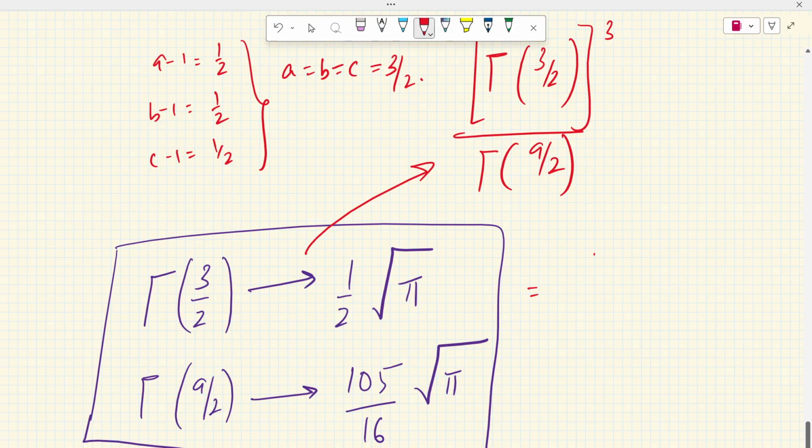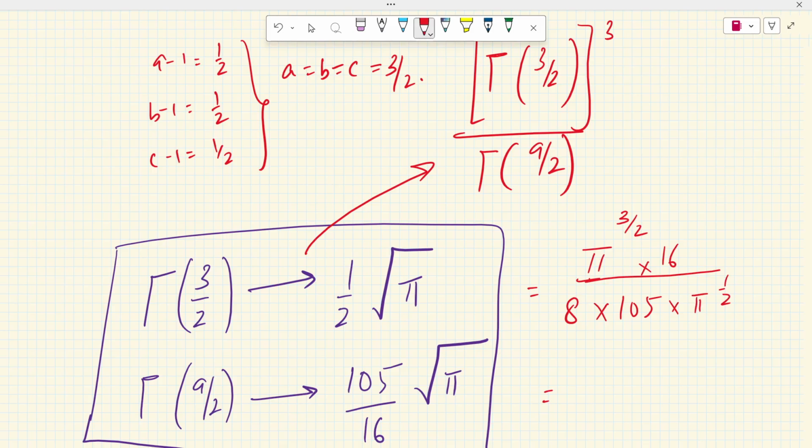So the numerator becomes 1 over 8 pi to the power 3/2, and then the denominator becomes this, pi to the power 1/2. So we can just collect the pi here, and so this becomes 16/8 into pi by 105.